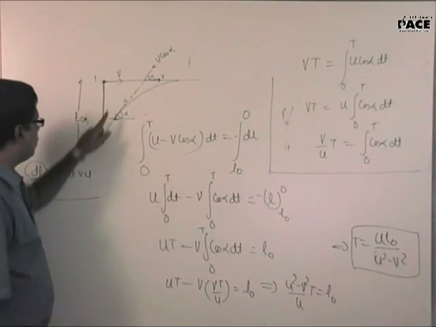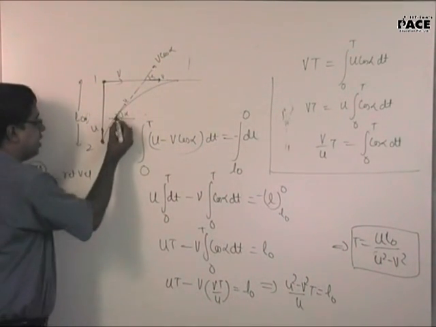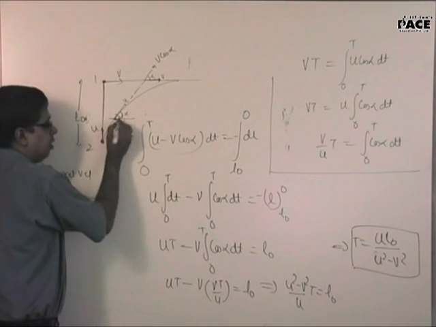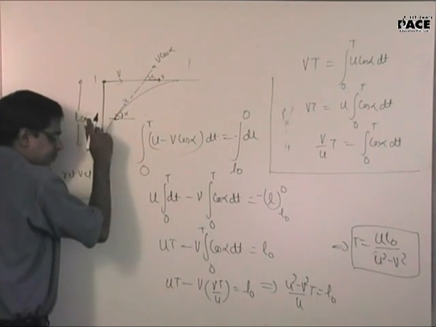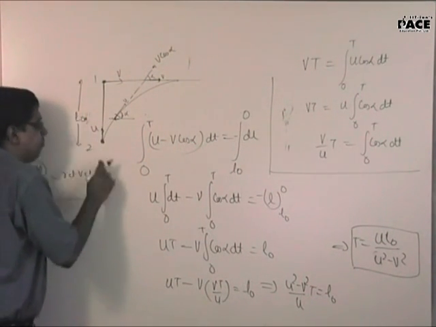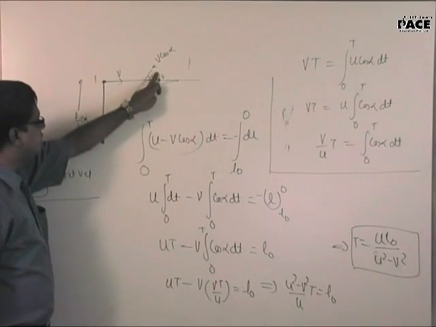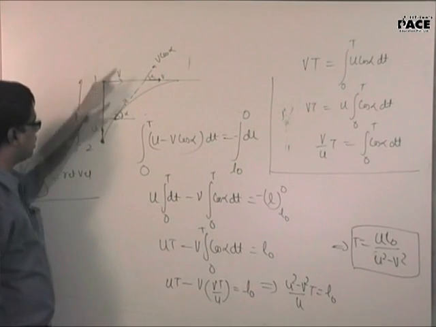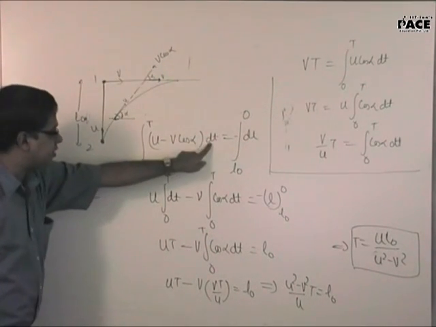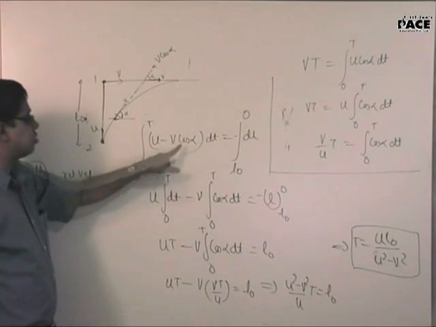And if you assume the direction of u to be constant here, this is angle alpha. I'll resolve v in this direction. Relative velocity in that short time interval is u minus v cos alpha.